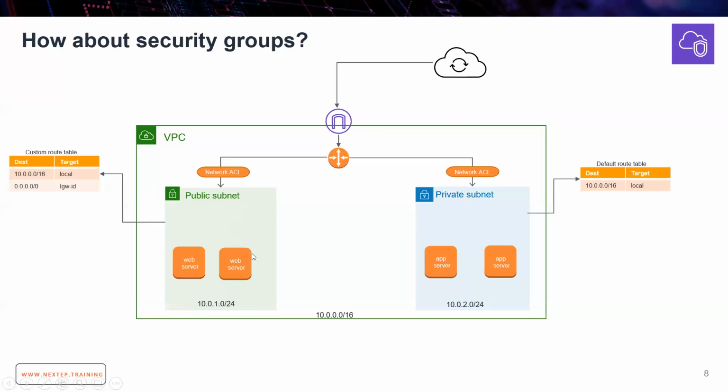Because this guy is in the public subnet, the NAT instance, we will create in the public subnet. And then for the private subnet, we will update the route table and say, hey, everyone else except the local, please send this to the NAT instance.